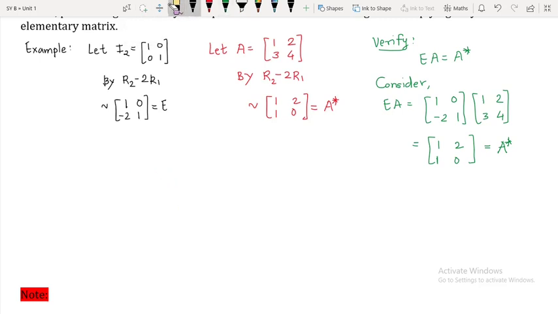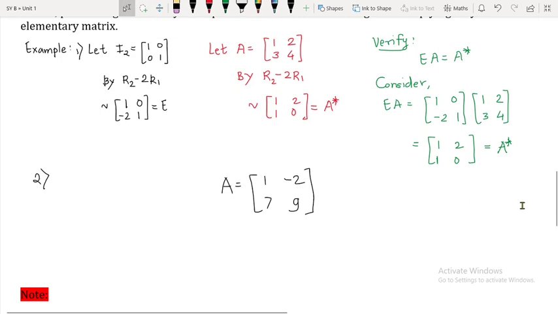Okay, so talking about another example, this is the first one. So you take some elementary matrix of your choice. So I will give you different A, let me say some 1 minus 2 and 7 and 9. Okay, so just verify the remark for this example.